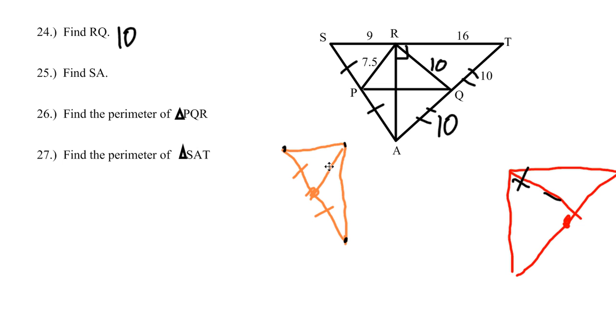So this length is equal to both of these. So if we have 7.5 here, each of these is 7.5. So we have 7.5, 7.5. So when they ask for SA, we just say, oh, it's 2 7.5s, which is 15.